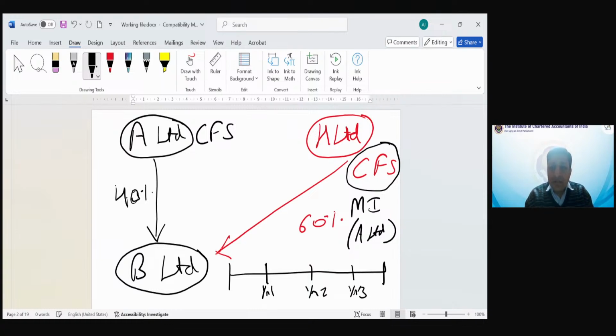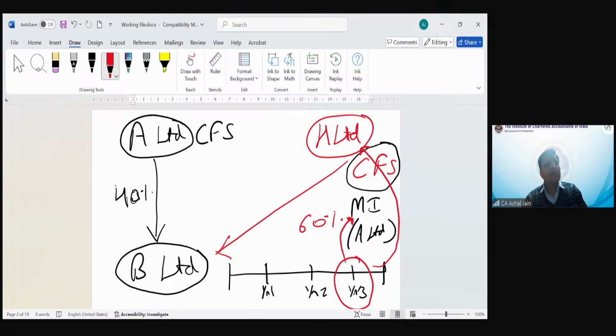Sometime on this date, this minority will stop taking up any interest. Why? Because these are all losses. So minority will not absorb that. They will get passed on to holding only starting from this date. Yes or no? So that's the accounting you'll do.